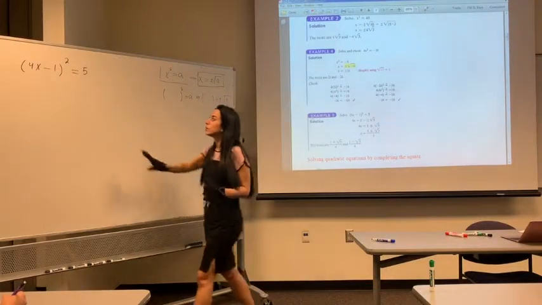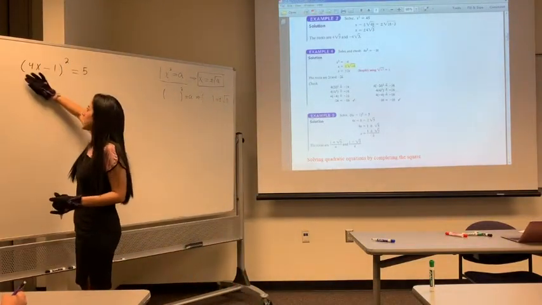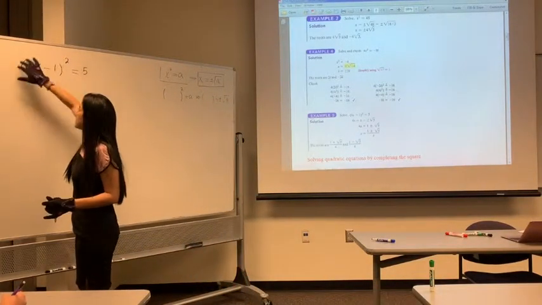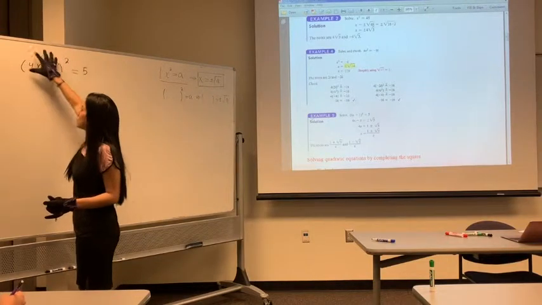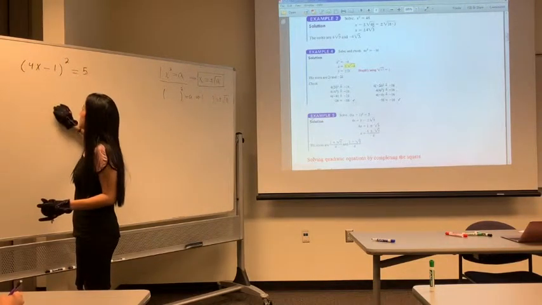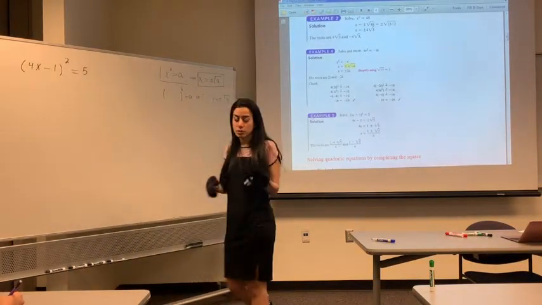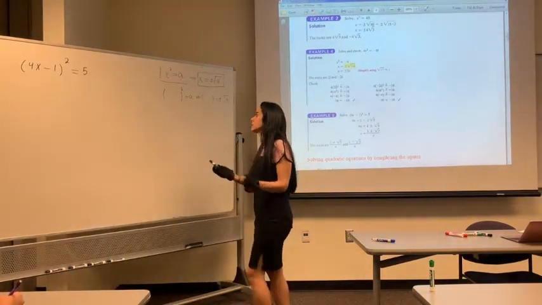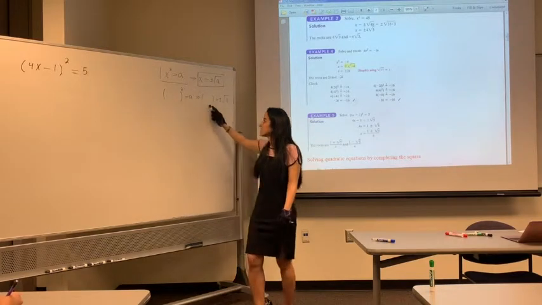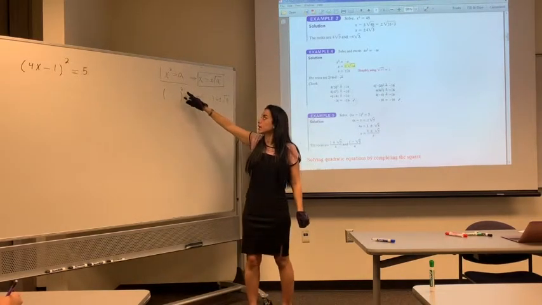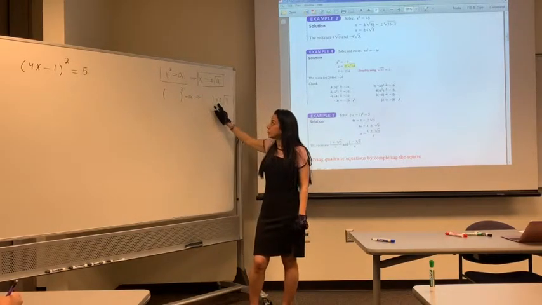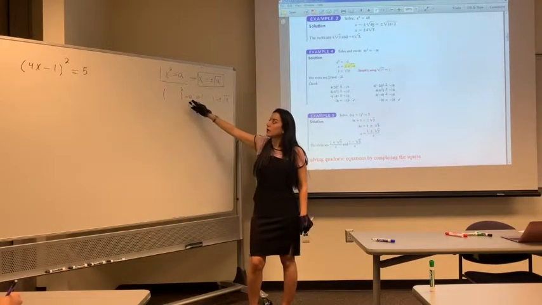So this whole parenthesis, imagine it was x. It says x squared is equal to a, so x is equal to plus minus radical 5. So whatever we have inside the parenthesis can come out without a square, and it will be equal to positive, negative radical of whatever we have on the right hand side.